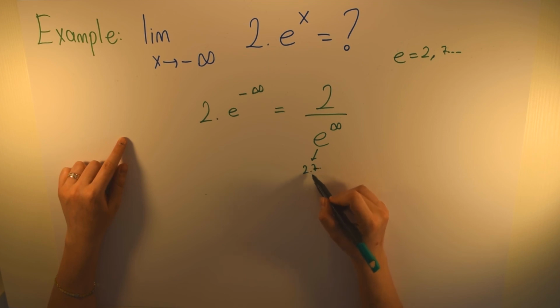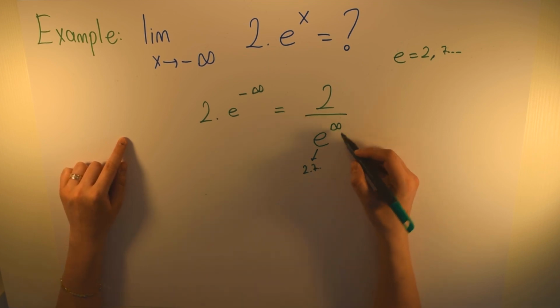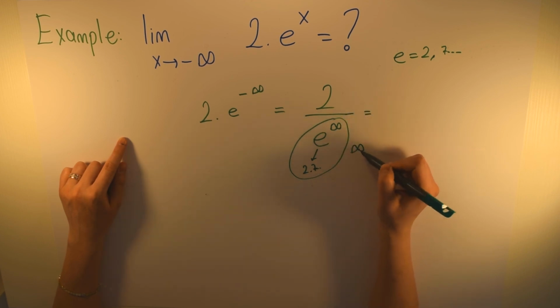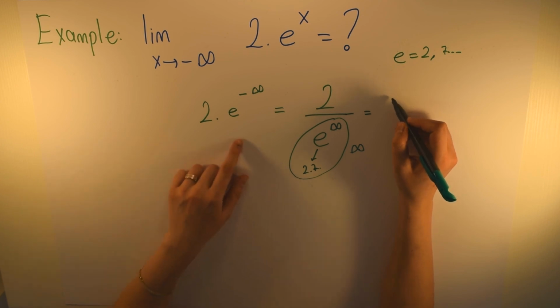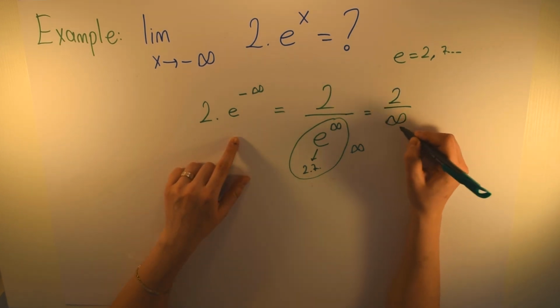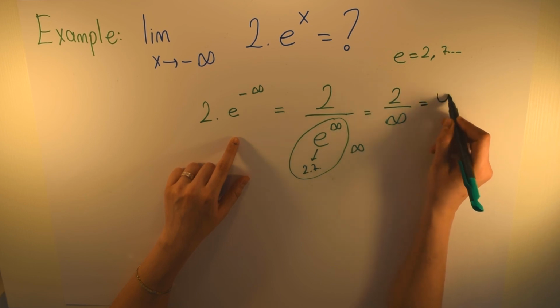And 2.7 to the power of infinity, this is also equal to infinity. Okay, so since this is infinity, our limit becomes 2 over infinity, and a number over infinity is equal to 0.